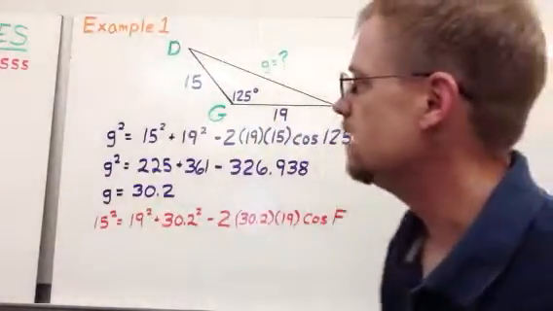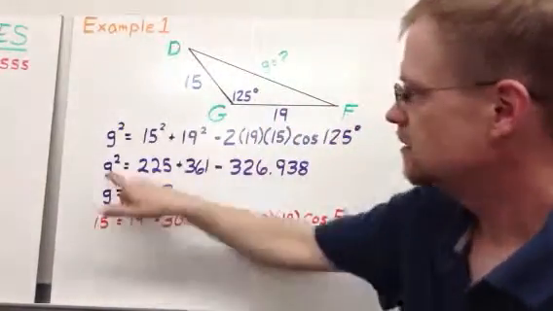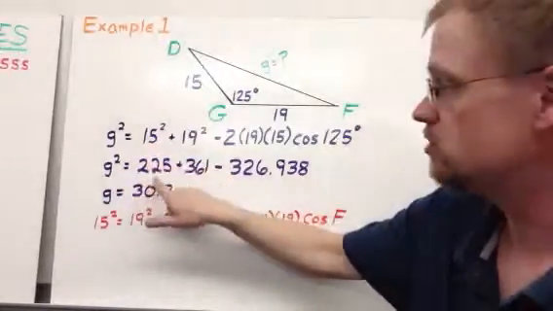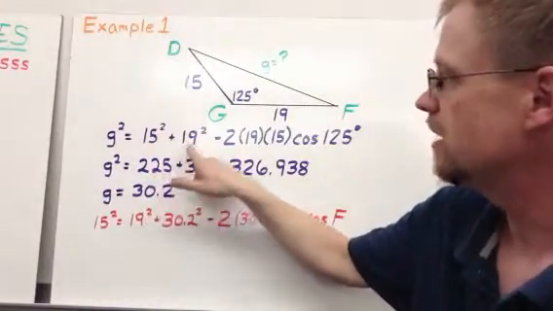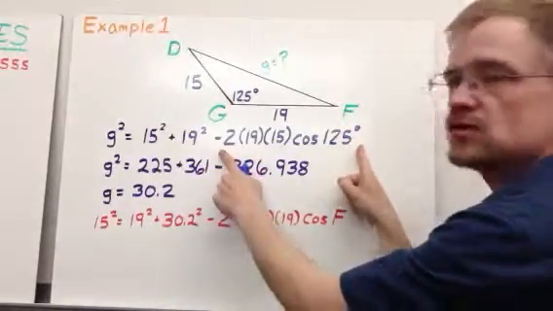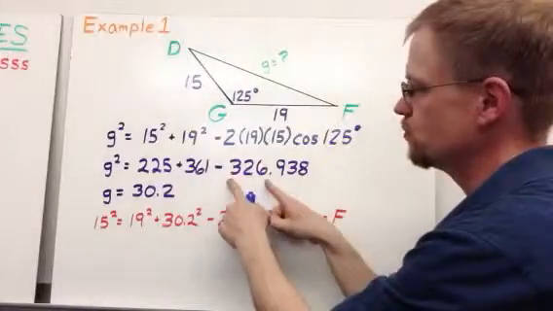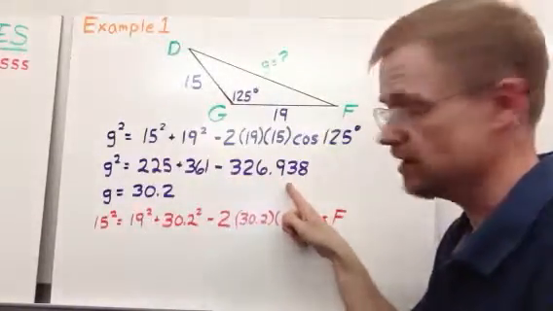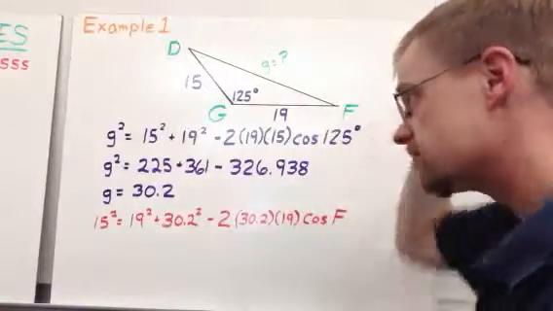Then we start simplifying. I found that g squared would equal 15 squared is 225, 19 squared is 361, and this whole piece right here simplifies to 326.938. Rounding to 3 decimal places will usually be accurate enough.